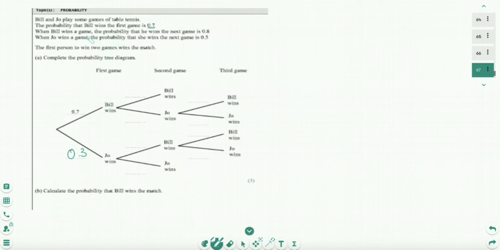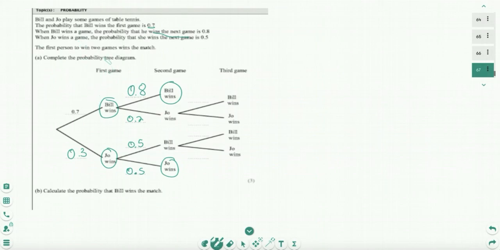Now, when Bill wins a game, the probability that he wins the next game is 0.8. So if Bill wins the first game, the probability that he wins the next game is 0.8. So this is 0.8. So therefore Joe is 0.2 because they have to add up to 1. If Joe wins a game, the probability that she wins the next game is 0.5. So 0.5, the probability that Bill wins must be 0.5 because 0.5 plus 0.5 is 1.